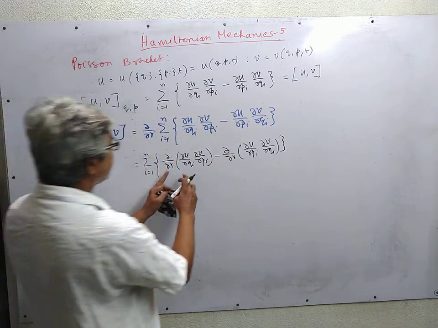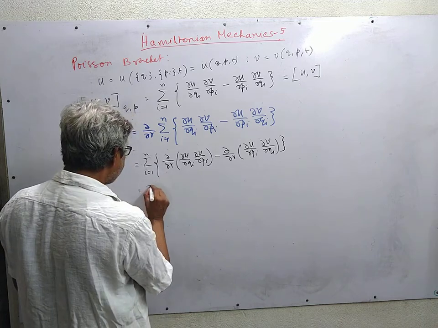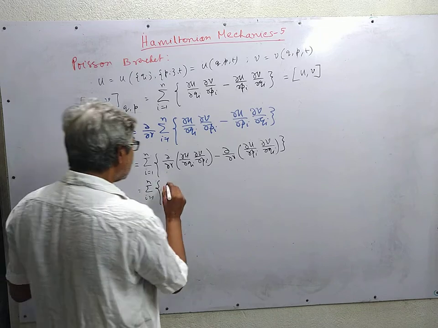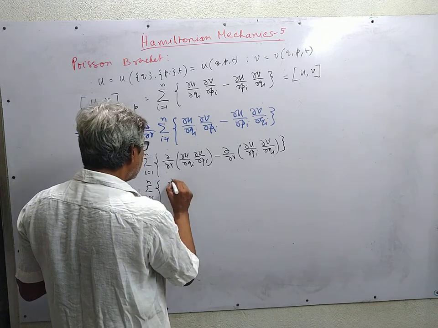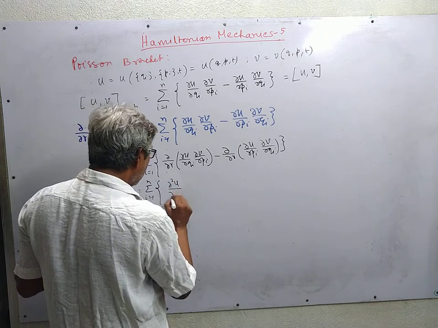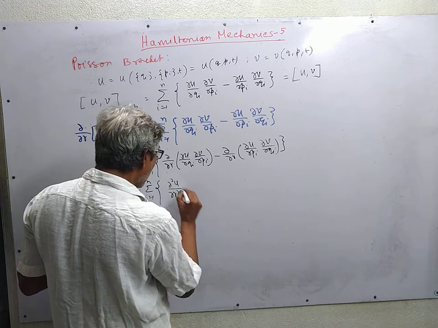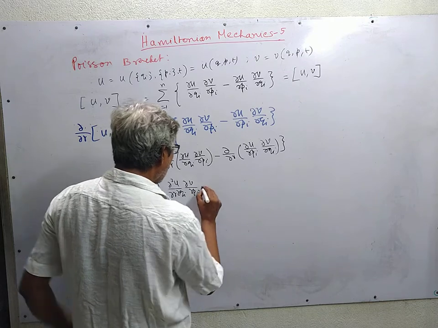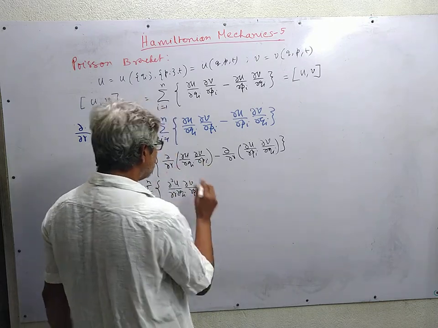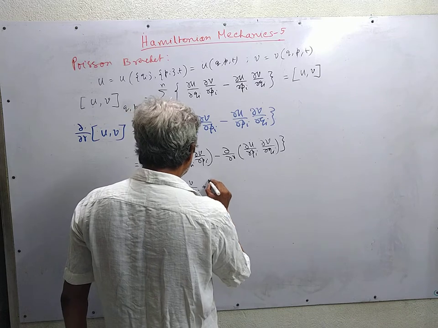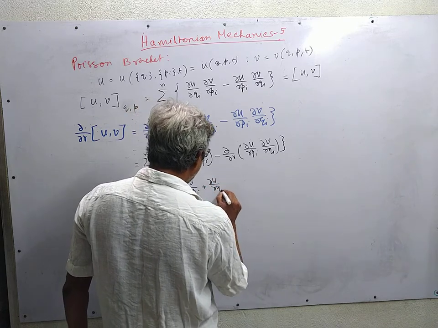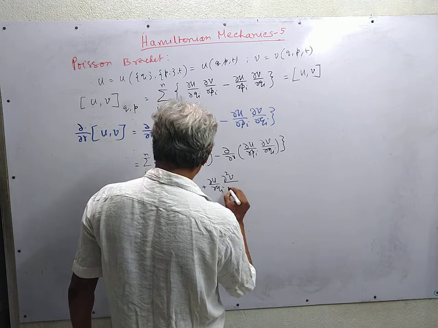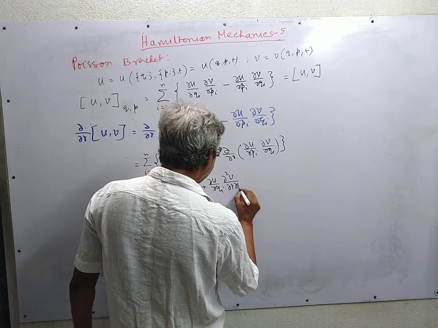Now you consider this first term. This is del 2U del R del Qi del V del Pi plus del U del Qi del 2V del R del Pi.